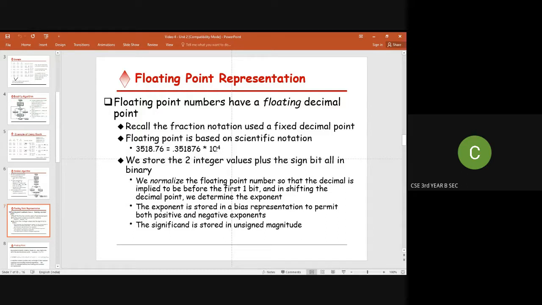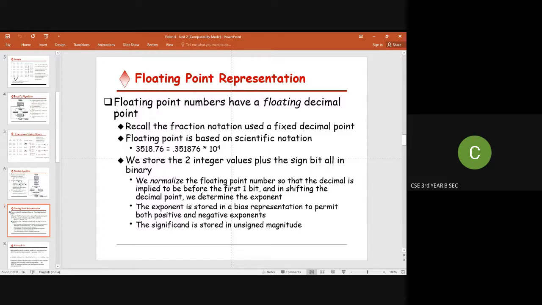For binary representation, we will be using base 2. We store the two integer values plus the sign bit, all in binary. So we have to store the fractional part and the integral part, and also the sign bit, whether it is a positive or negative number.